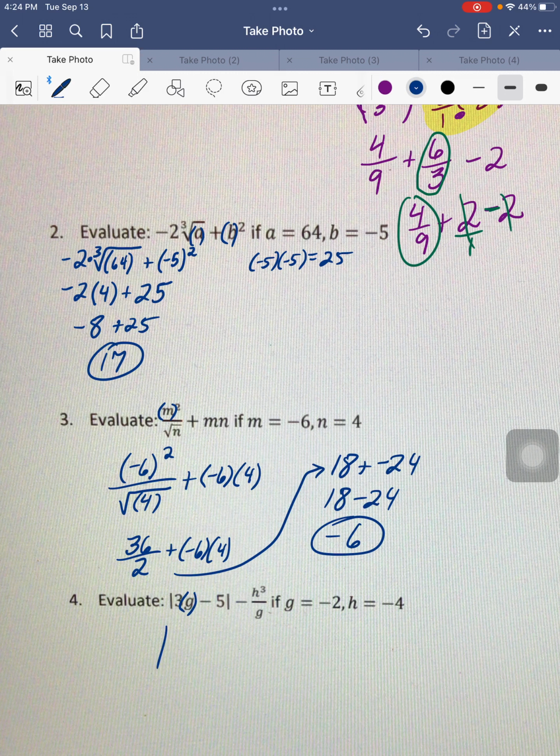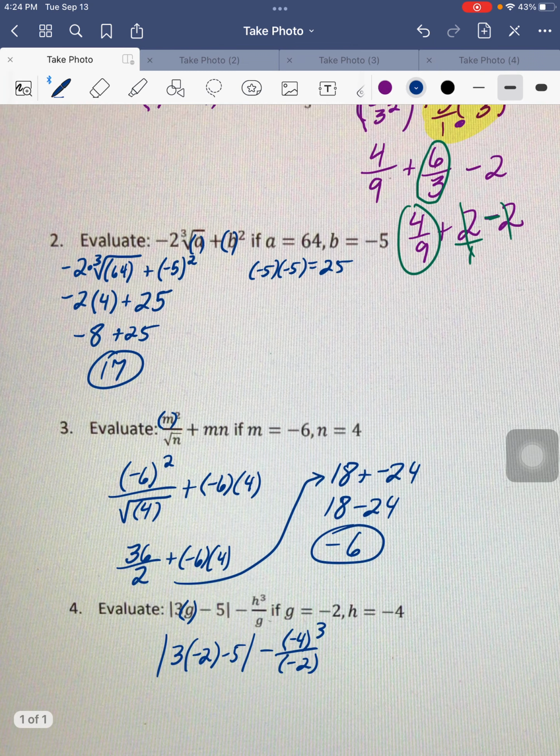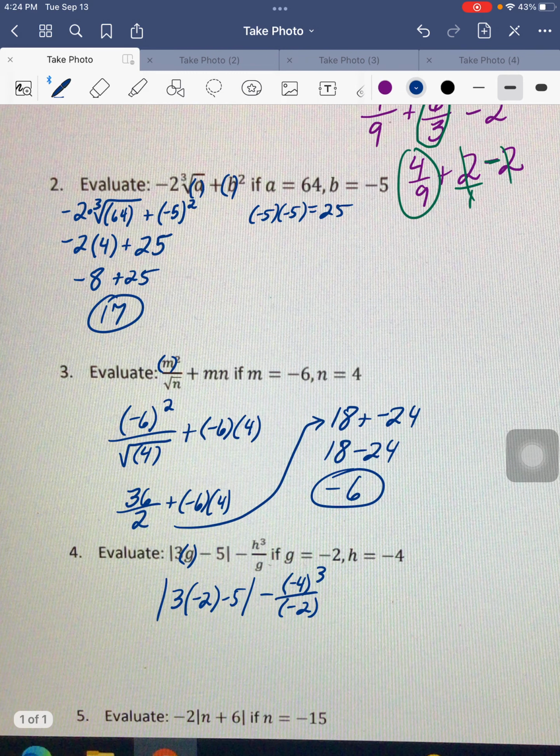So we're going to replace the g, so that's 3 times g. And h, -4 to the third over -2. Okay, so we have 3 times -2. I'm going to do inside the absolute value, which is like parentheses.